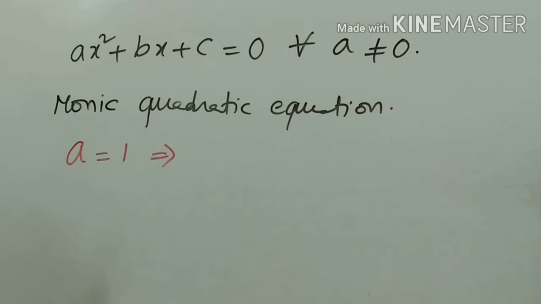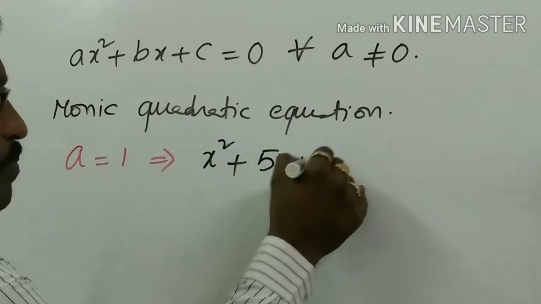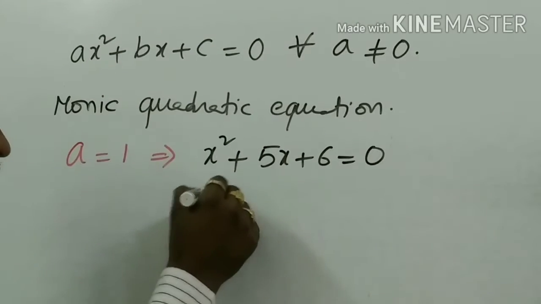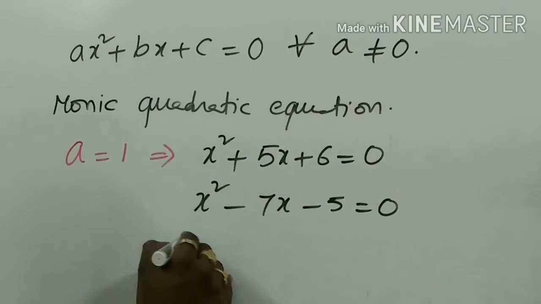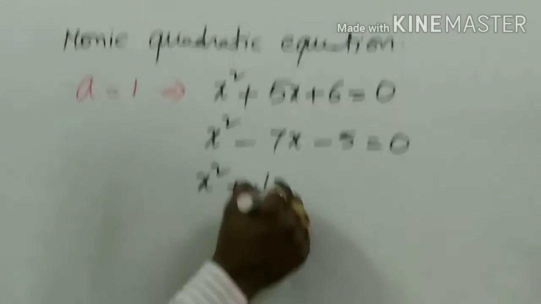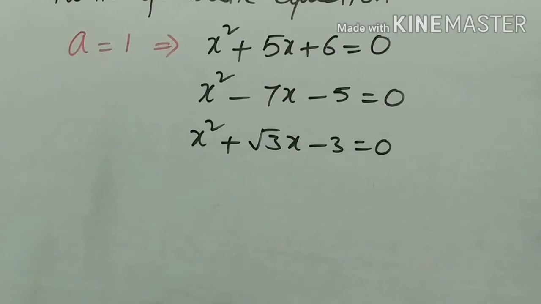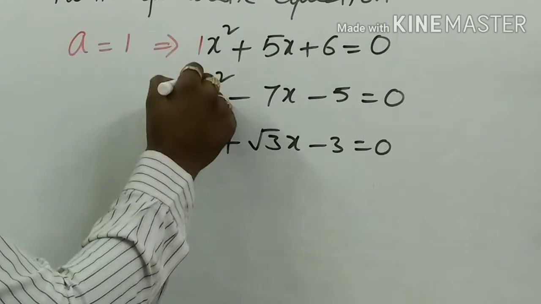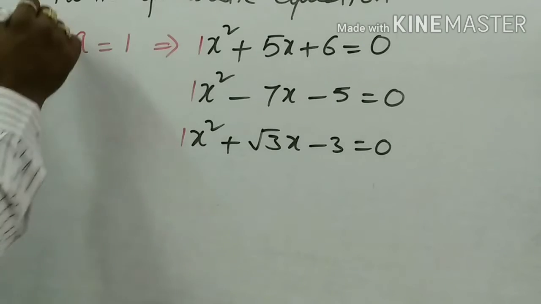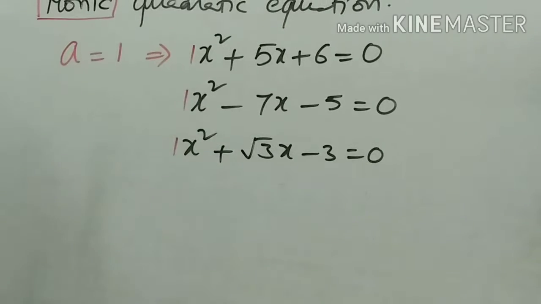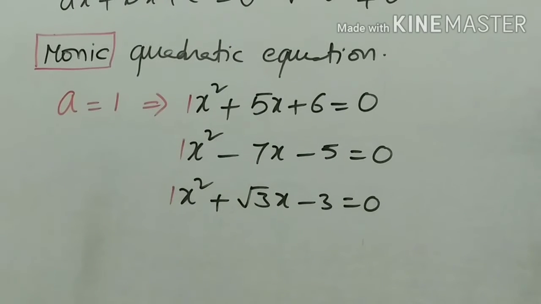That means x square plus 5x plus 6 equal to 0, x square minus 7x minus 5 equal to 0, or x square plus root 3 x minus 3 equal to 0. What we can observe here is that the x square coefficient is always 1. This is called a monic quadratic equation.